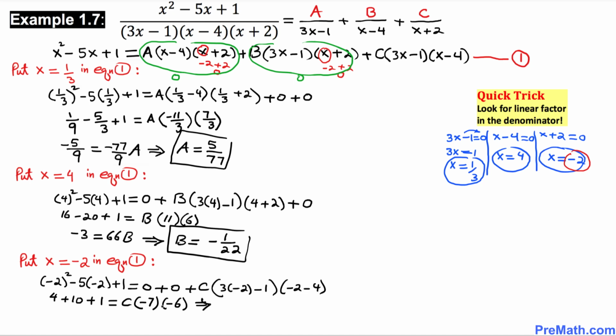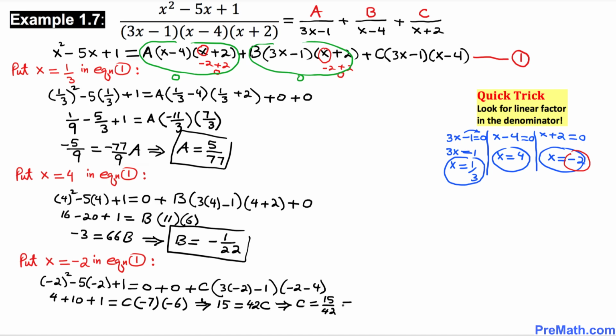We simplify this thing, that is going to become 15 equals to 42c. And then I can write c equal to 15 divided by 42.